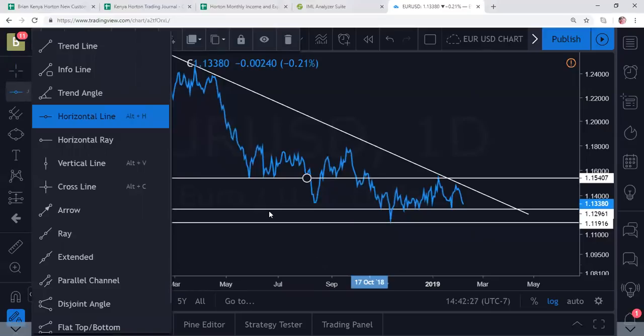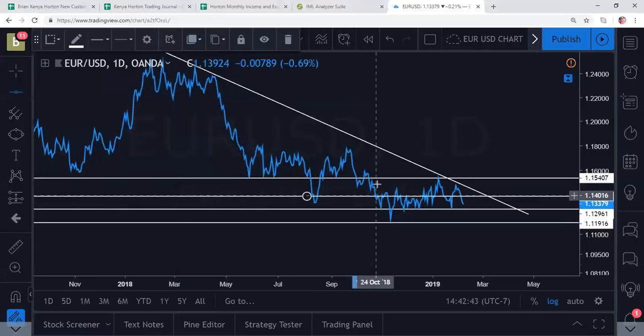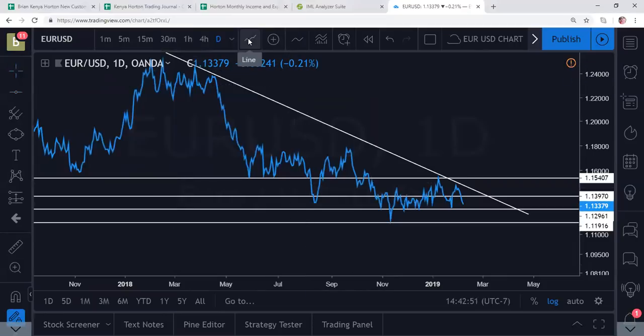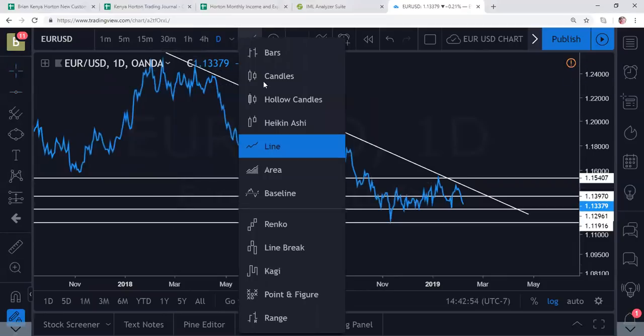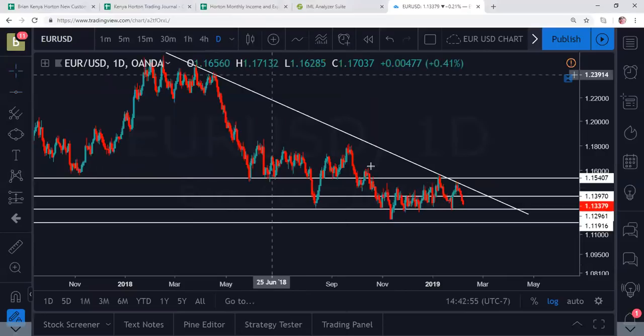And I don't like to crowd my chart with levels, with all these different lines, just to mark them with lines. I mark my levels with levels where I plan to make key decisions, okay? So I'm just gonna put those there and then I'm going to turn this back to my candles and I wanna point out to you why I mark these different levels, these areas of support and resistance.